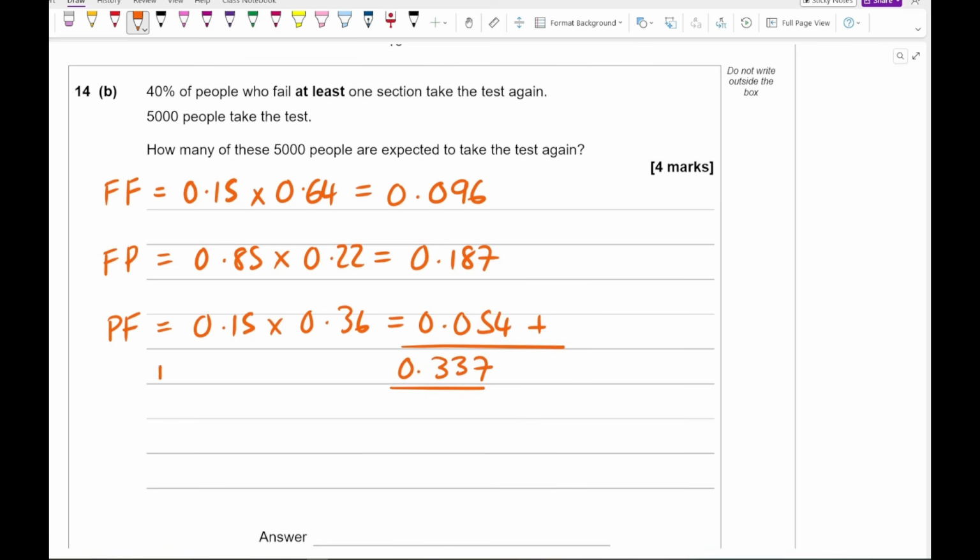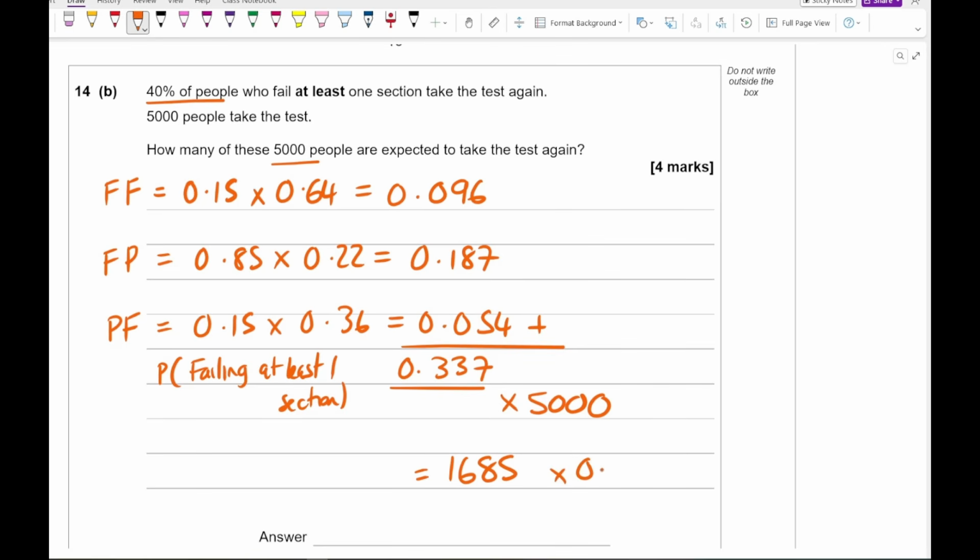So that's the probability of failing at least one section. Now from this I then need to work out how many of 5,000 people would do this. So if I multiply that probability by 5,000, I get my answer of 1,685. But then I know that 40% of people who fail this, so I need to multiply this number by 0.4, which gives me an answer of 674 in total.